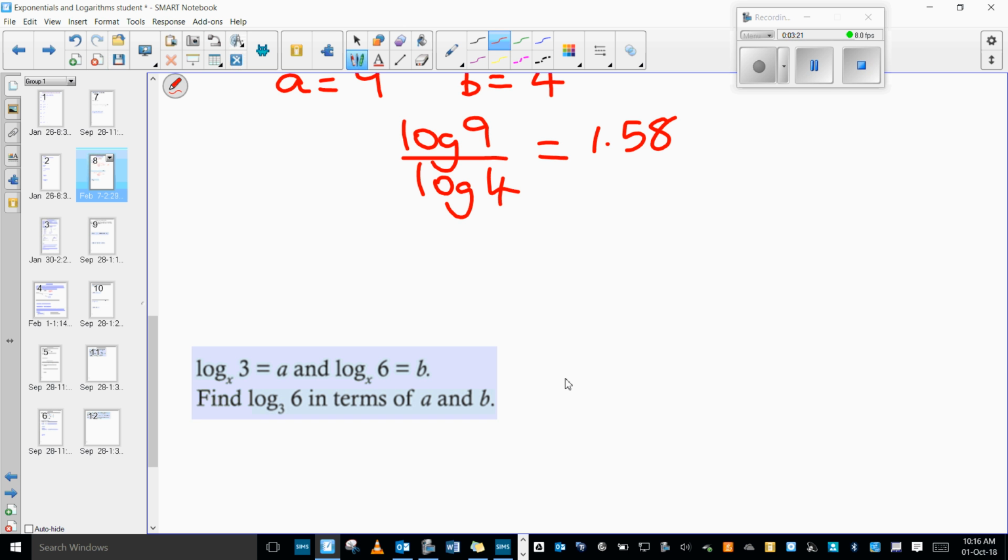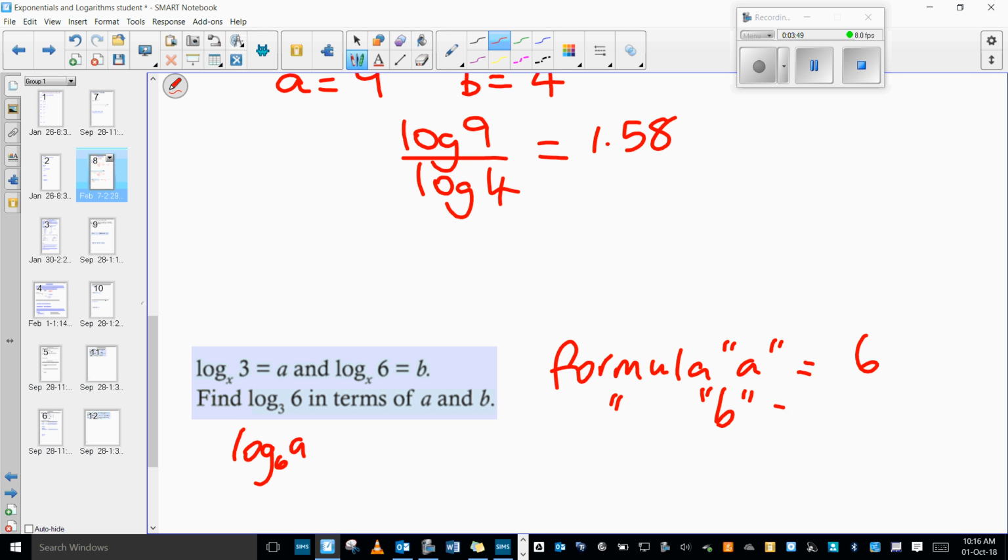Okay, so in the formula, A is what in this question? So look at it, it's 6. If we look back up, remember it says log base B of A in the formula, yes? So our value of A is 6, and the formula B is 3.